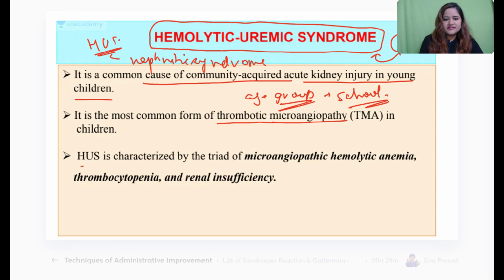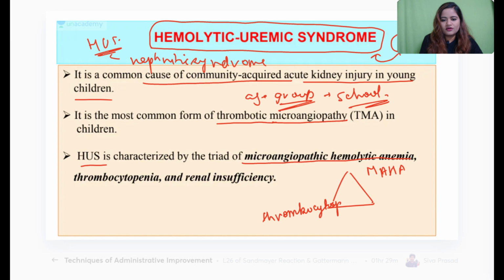Okay, now HUS is characterized by a triad, which is very important for your exam. So this triad consists of MAHA, which is again your microangiopathic hemolytic anemia, which I just told you right now. The other triad part is thrombocytopenia. That means platelet count will also fall despite the fall in RBC. There is a fall in platelets as well, and definitely a picture of acute renal injury or AKI.